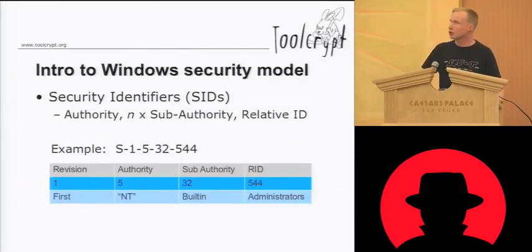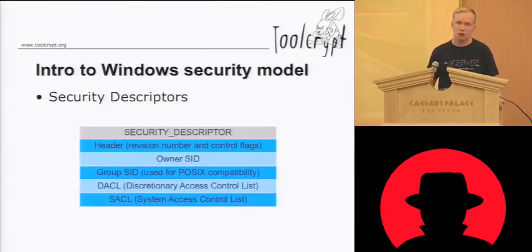Before we go to security descriptors, who hasn't heard of a SID? Everybody knows what a SID is, right? So I'll skip through this slide because it's just there if nobody knew what it was. A security descriptor is basically a label you put on an operating system resource that controls the security access to that resource.